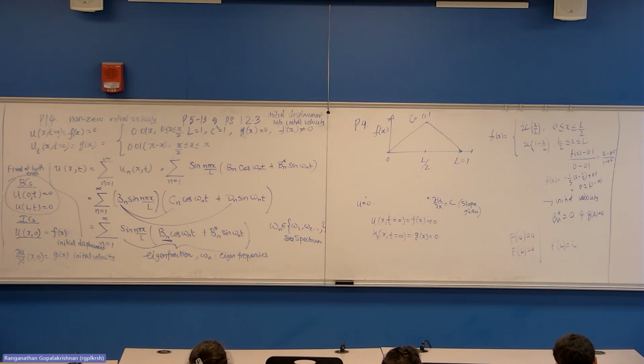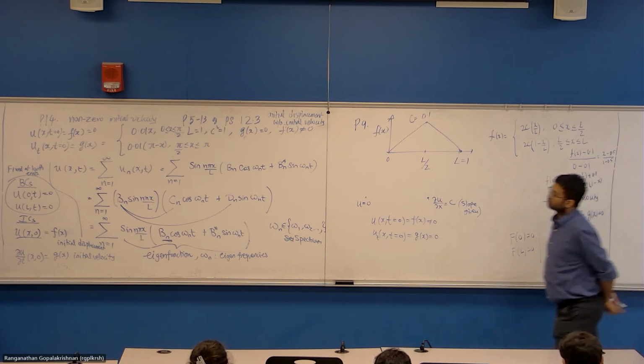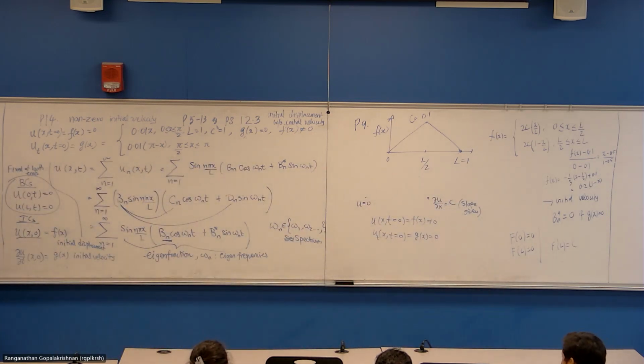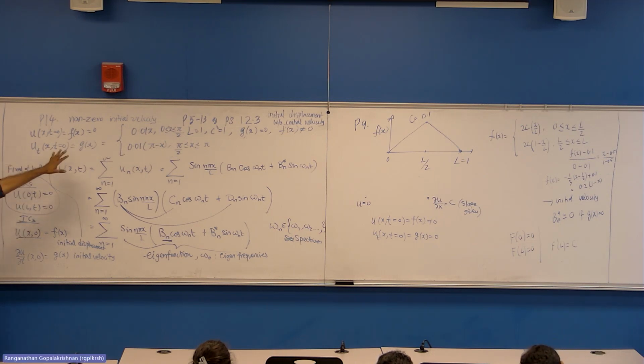From there on, the derivation takes a different trajectory, but the ideas all remain the same. I'm not going to actually solve the entire problem, which I expect you to try.